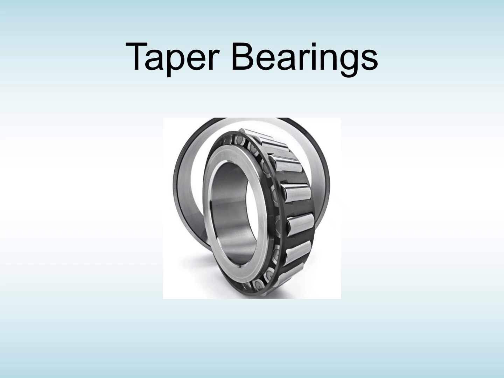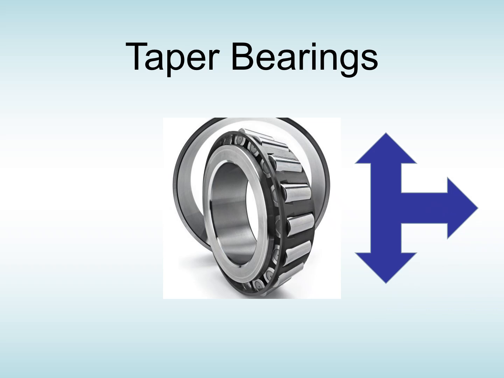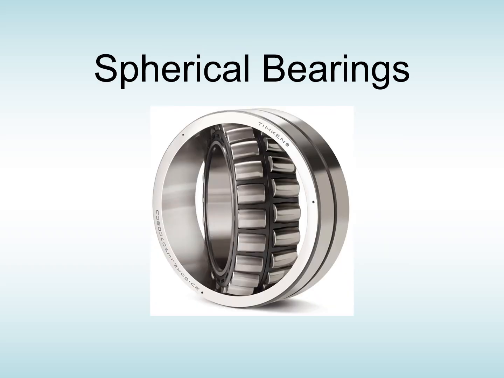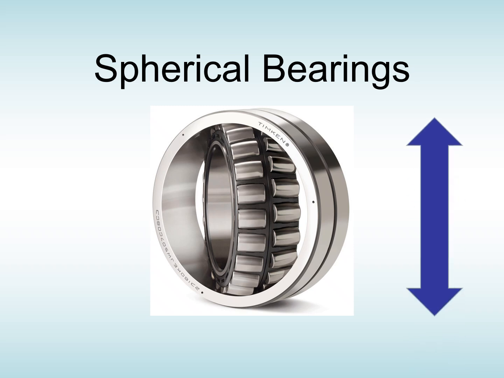Taper bearings, they are very similar to the roller bearing, but they will also accept loadings going back and forward, and you have to set the preloading on the bearing. Spherical bearings, very similar to the rollers, but they will accept a certain amount of misalignment.